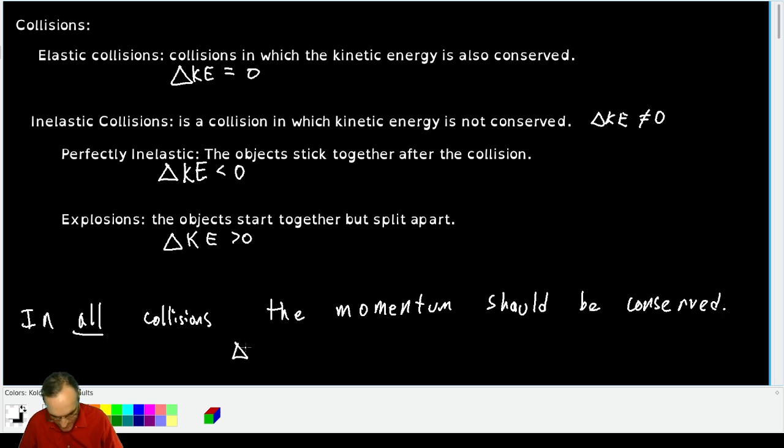So for everything mentioned above, the change in the momentum, delta p, should be equal to 0. That is functionally guaranteed by Newton's third law, which is functionally guaranteed by space being mirror image symmetric. You can swap things from one side to the other and it doesn't change how the physics works. So this should always be the case.